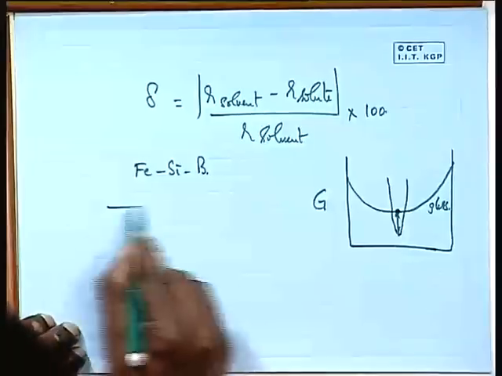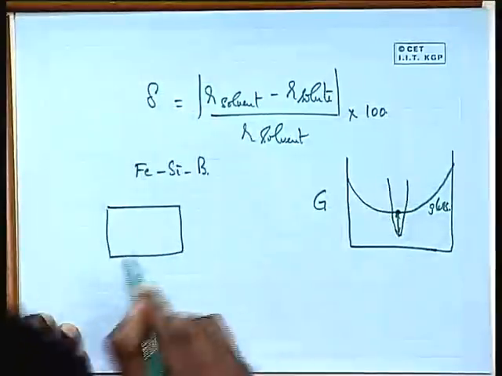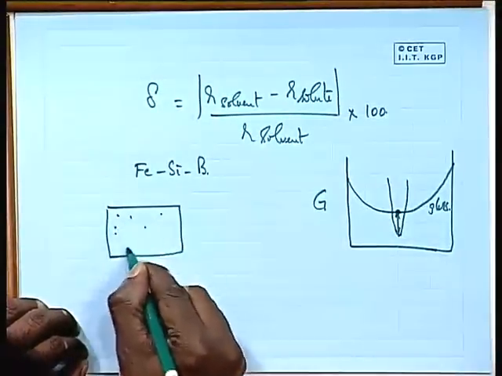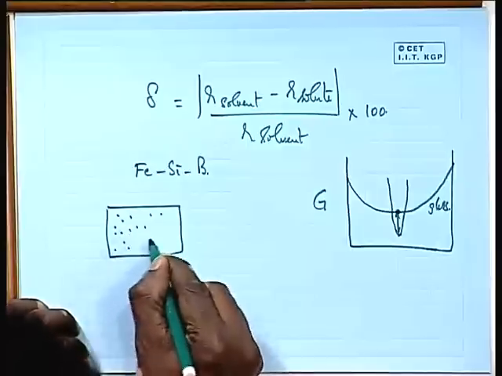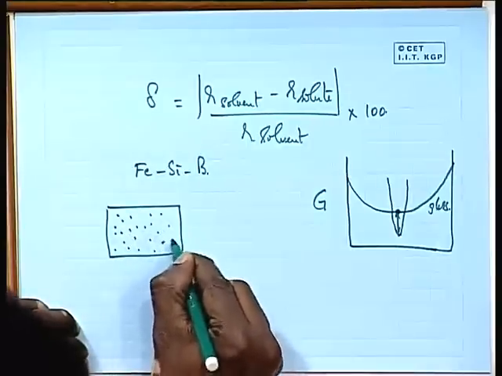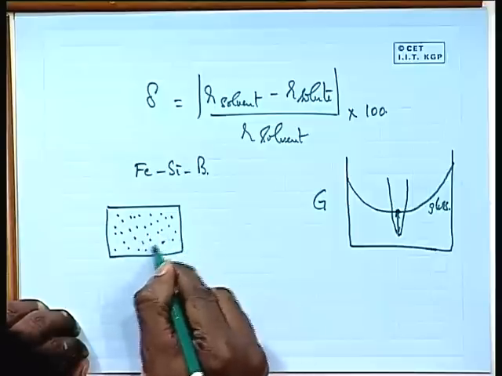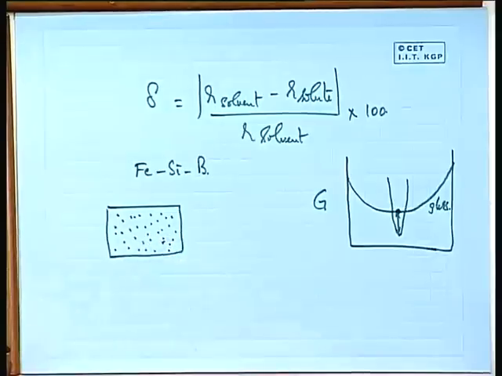If this is happening, then if you take a glass, it can undergo nucleation, and a number of nuclei of this particular intermetallic compound, having the same composition as that of the amorphous phase, can nucleate everywhere in it.